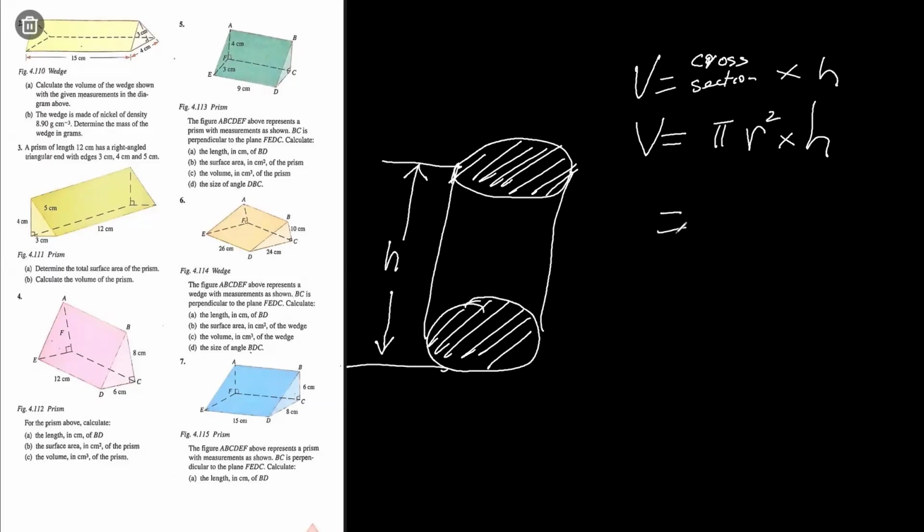Could anybody tell me what is the area of a circle? Pi r squared. Pi r squared. So this is where they get this formula from. Look at that. Pi r squared multiplied by the height. So volume of a prism is a cross-section area multiplied by the height.